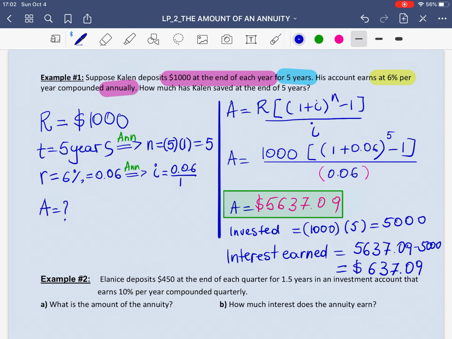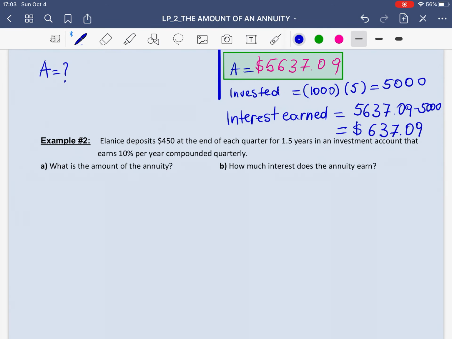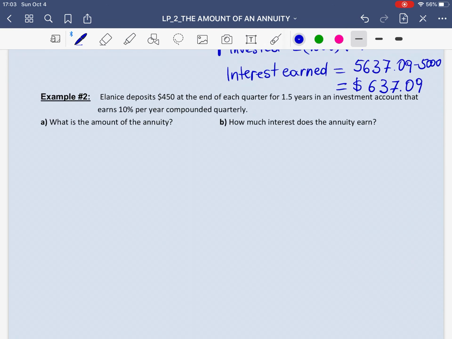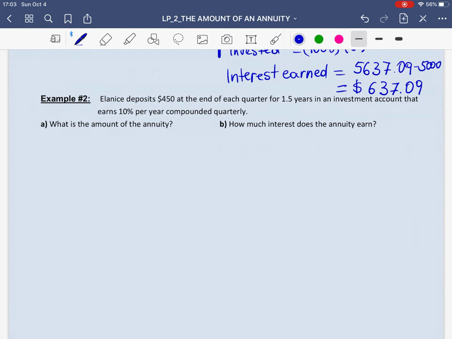Okay, so there are some more examples that we can work on, and in the next example, which we're going to go over together, we are going to look at 2 ordinary annuities, and we want to see how they will be different or maybe same. Who knows?